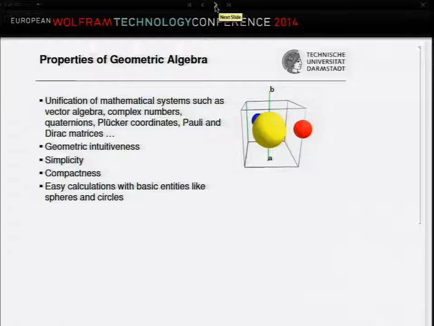And I would like to convince you that geometric algebra is geometrically very intuitive, simple, and compact. For instance, it is very easy to calculate with basic geometric entities like spheres and circles.